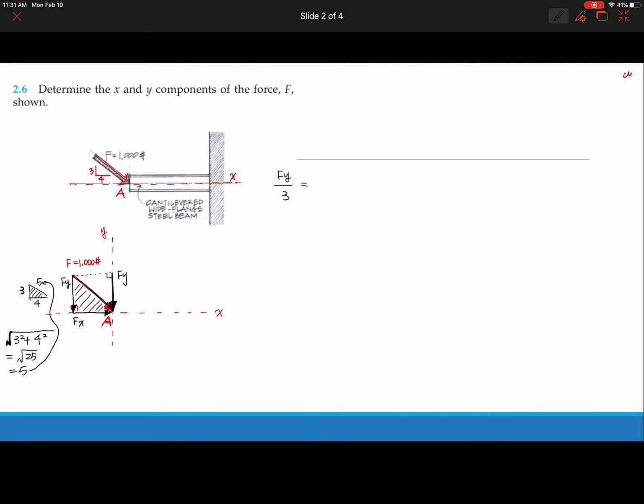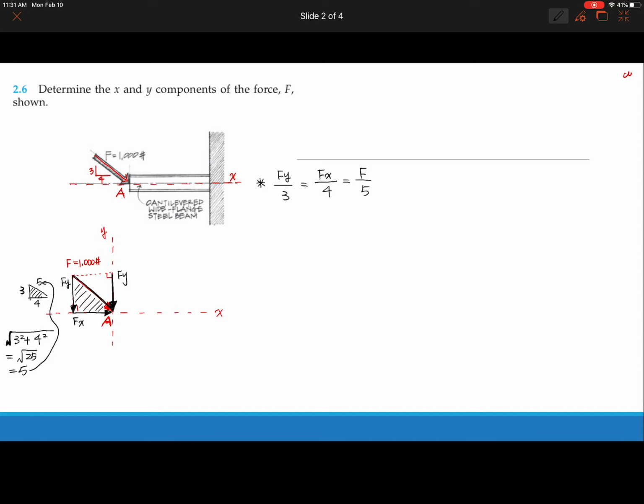And it equals Fx over its corresponding side in the smaller triangle, which is 4. And it also equals the hypotenuse of the bigger triangle, F, over its corresponding side in the smaller triangle, which is 5. So that is your main equation to solve for Fx and Fy.